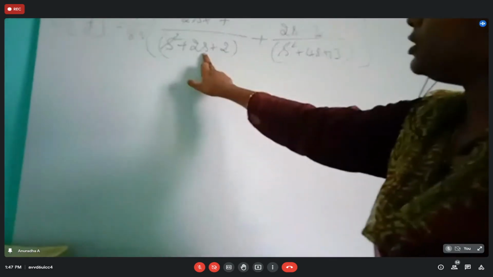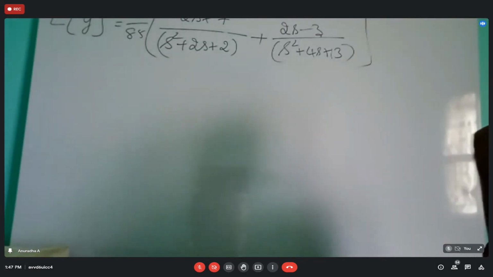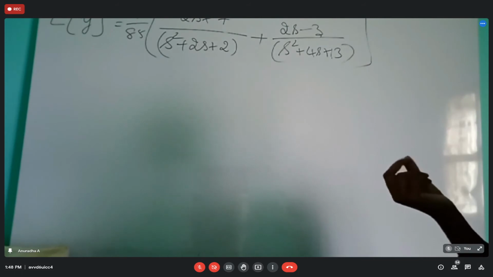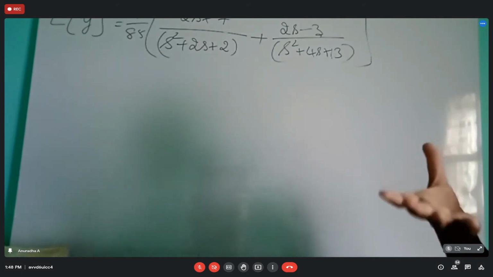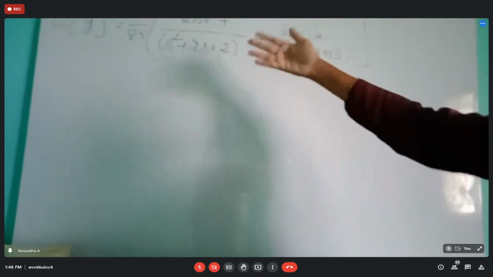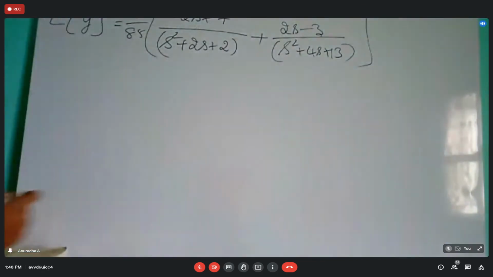Whenever s comes, it comes in the form of the shifting theorem, e power. So both involve the shifting theorem, and accordingly we have to work.